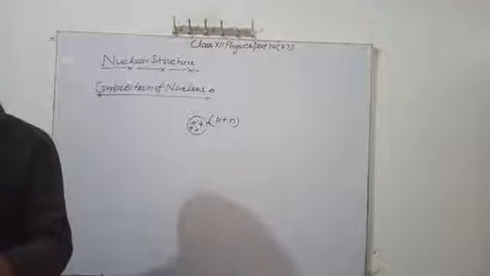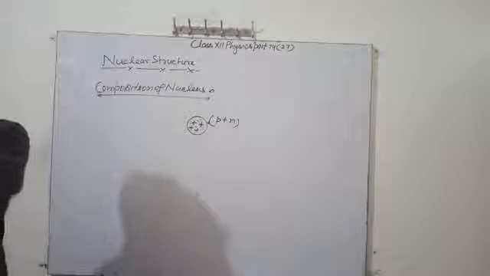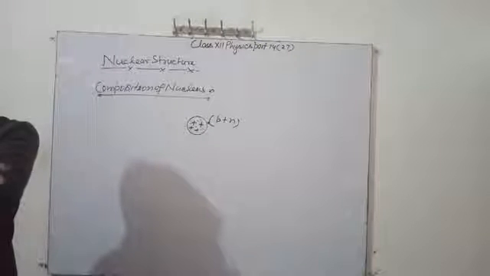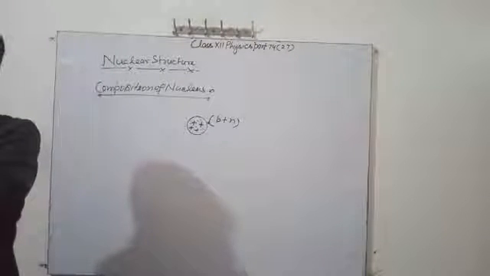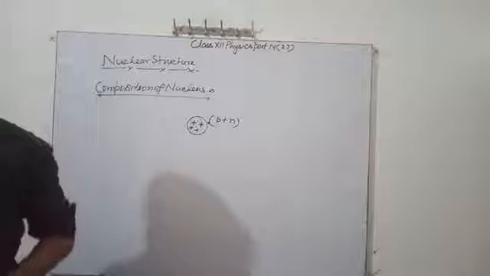The total number of protons and neutrons is equal to the integral value of the atomic mass, that is called the atomic mass number.